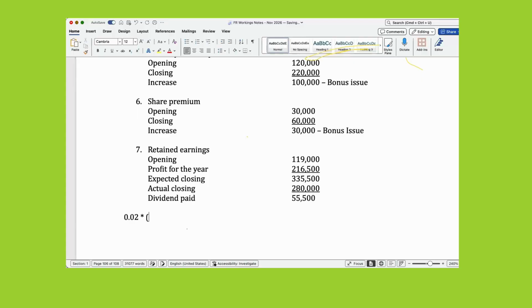How much was the number of shares? 220 divided by 0.8. That's 275. 275 times 0.02 is how much? 5.5, or 5,500. So that means the actual dividend payment is 5,500.